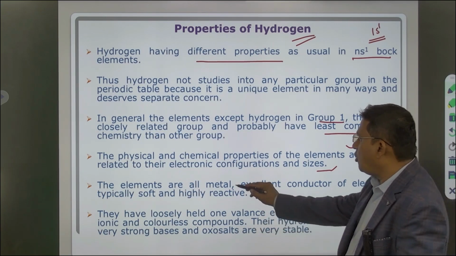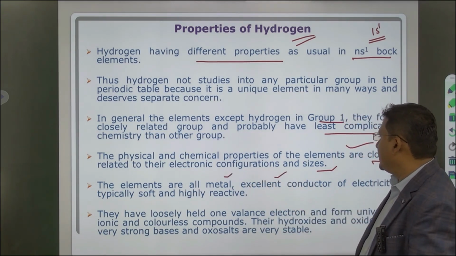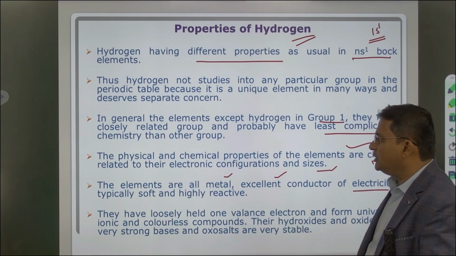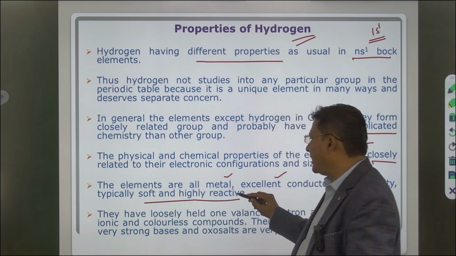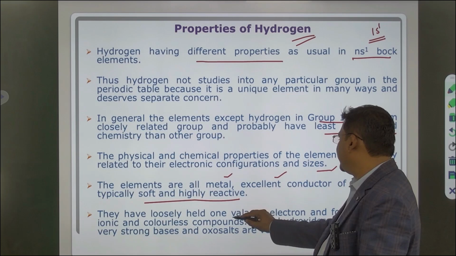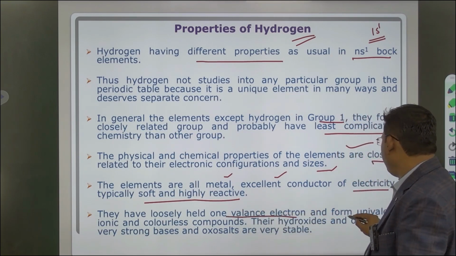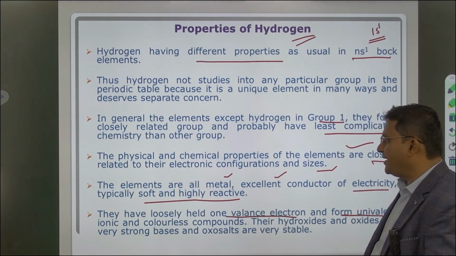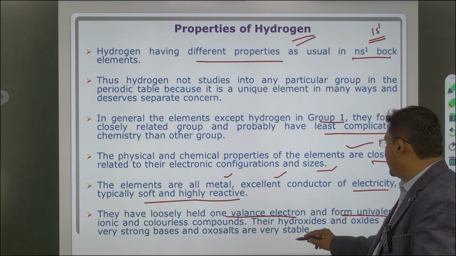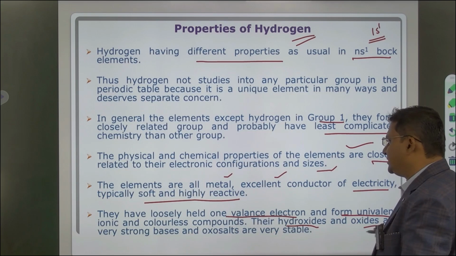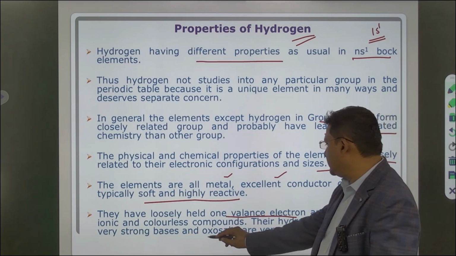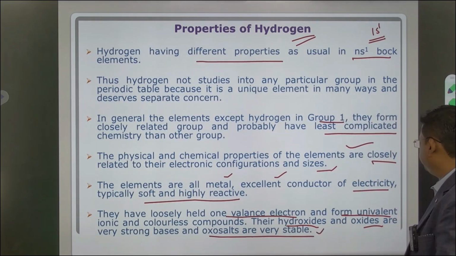The elements are all metals, excellent conductors of electricity, typically soft and highly reactive. They also lose their one valence electron to form univalent ionic and colorless compounds. Their hydroxides and oxides are very strong bases, and oxo salts are very stable.